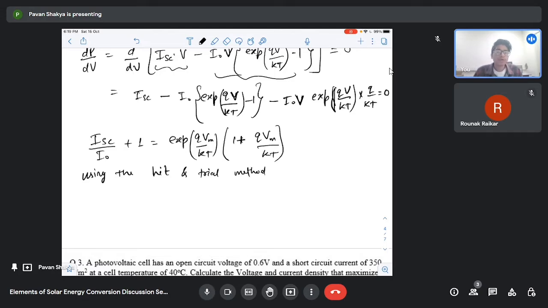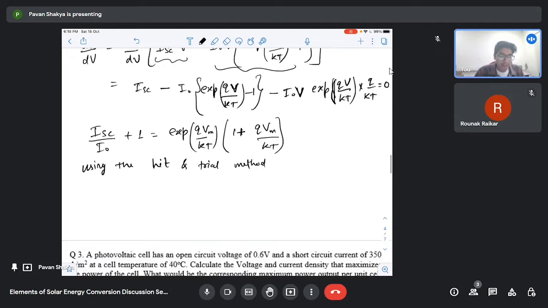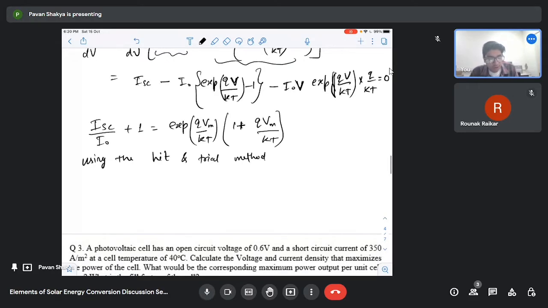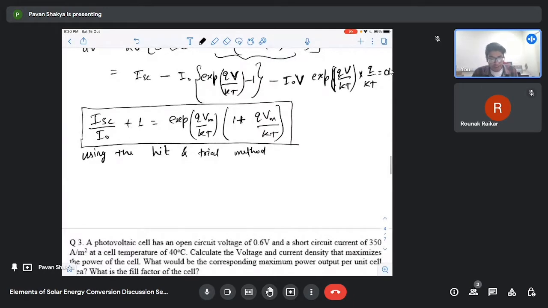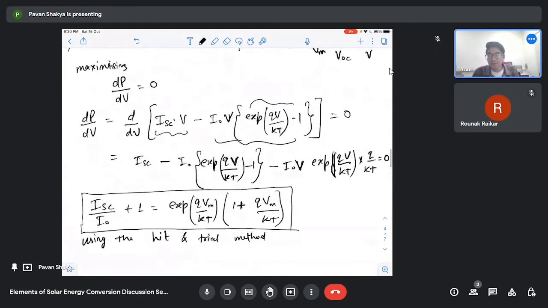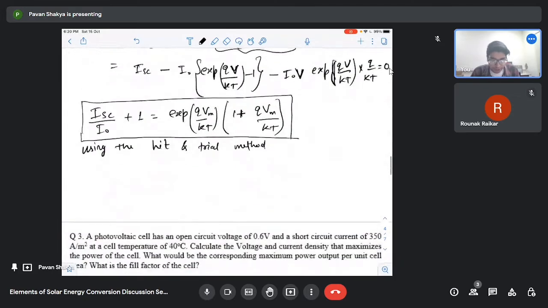Where we have to put a random value for this Vm and continuously vary this Vm and find out the error with the last time step. Okay, so from this expression we can find the value for Vm. Now as we have the formula for this I, we can calculate Im easily with the value of this Vm.